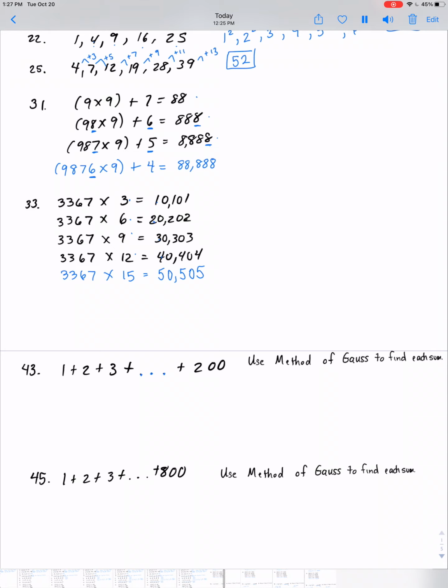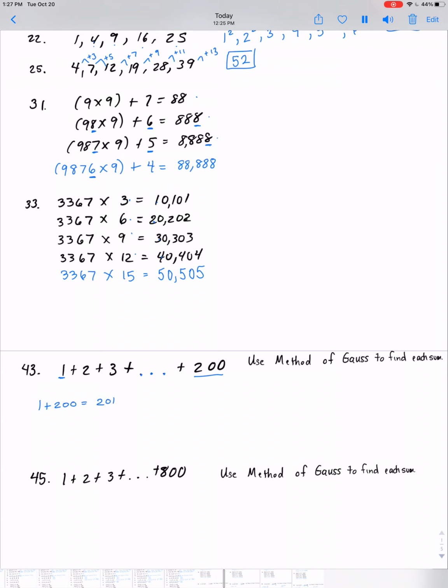What you want to do is you're going to take the first term and the last term. So if I take 1 and 200 and I add those together, that pair is equal to 201.